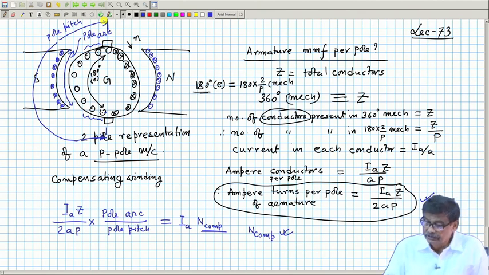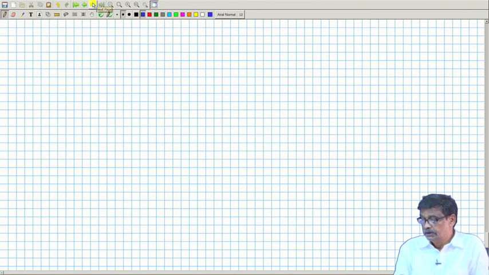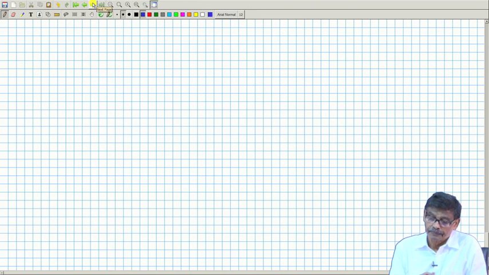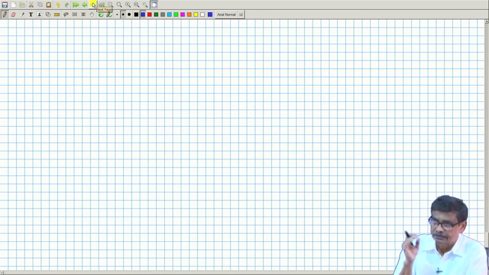We will come to this once again after we discuss the idea of brush shifting. Okay, that formula helps me to estimate the number of turns to be provided in the compensating winding. That is the thing we will discuss.